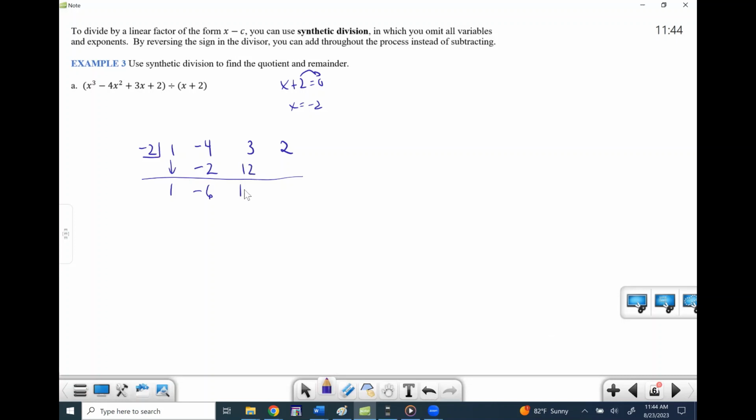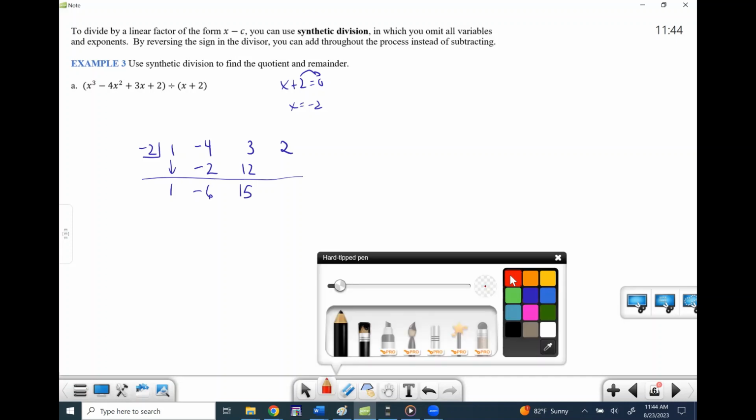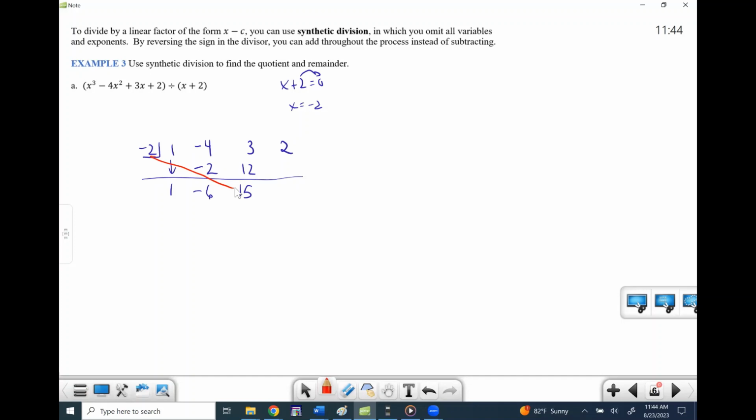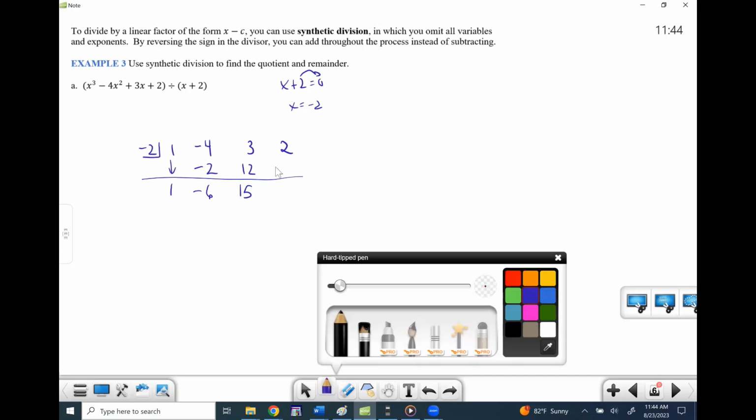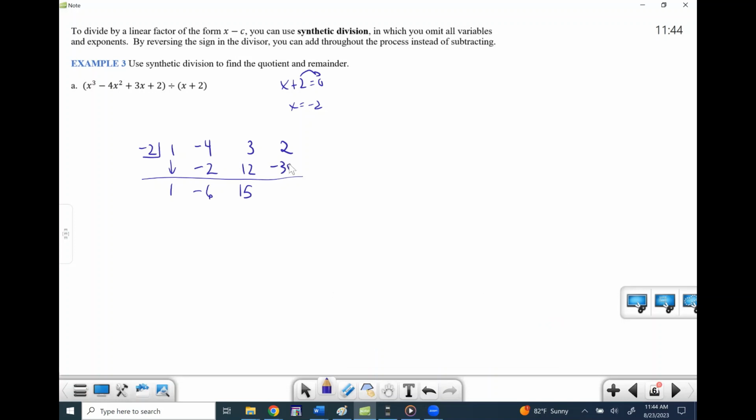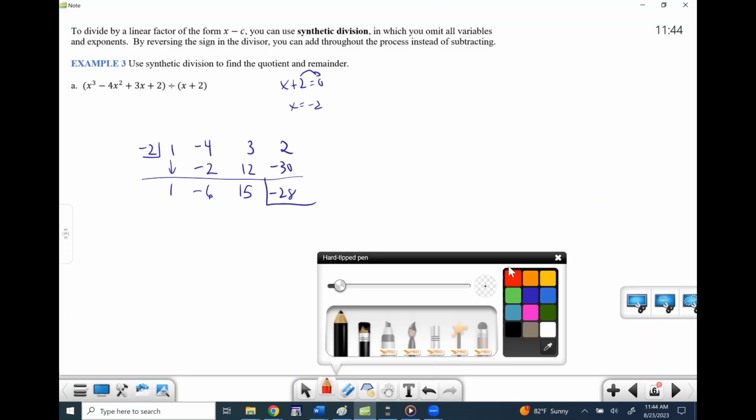We add downward to get 15. Now negative 2 times 15 is negative 30, and 2 plus negative 30 is negative 28. And that last number is our remainder.